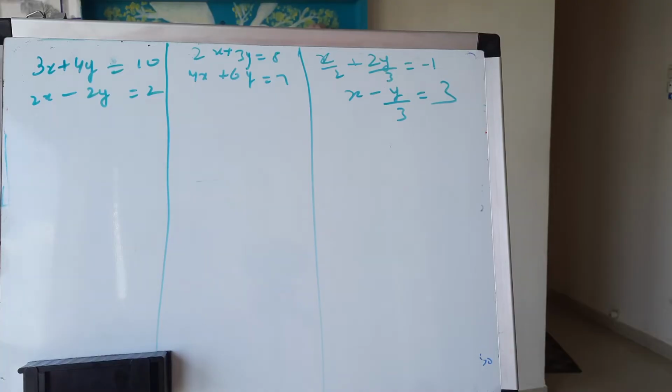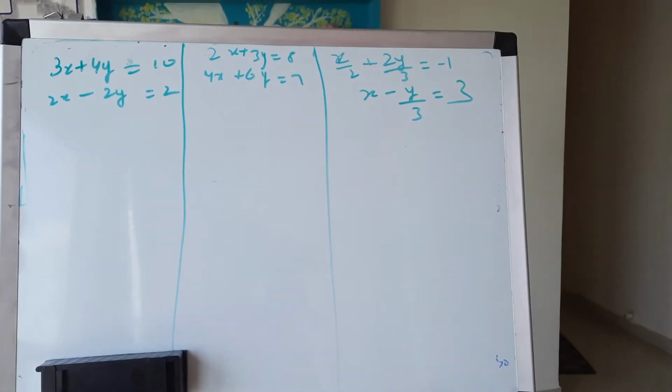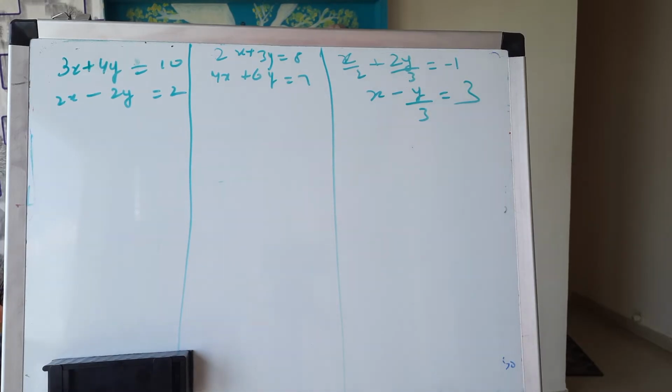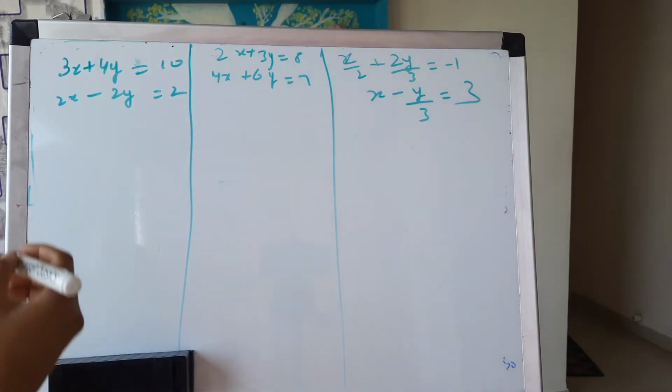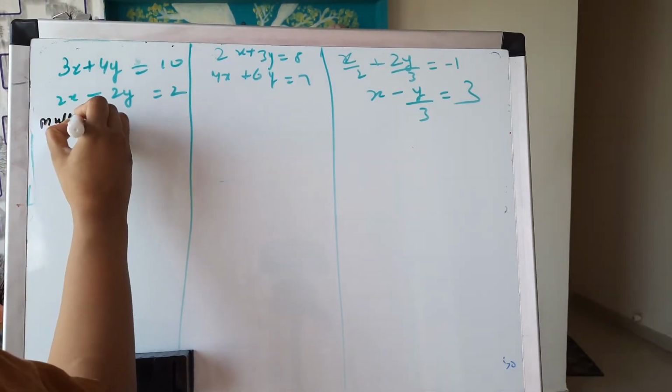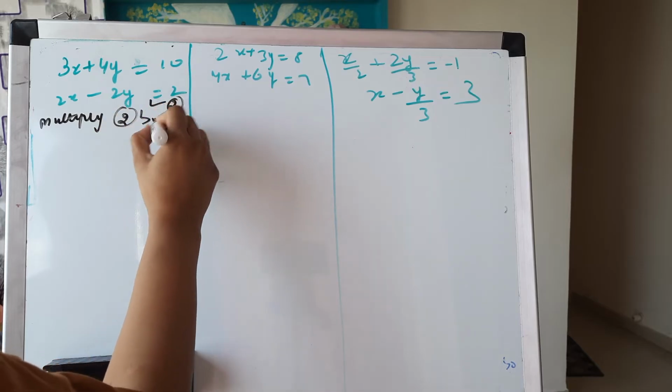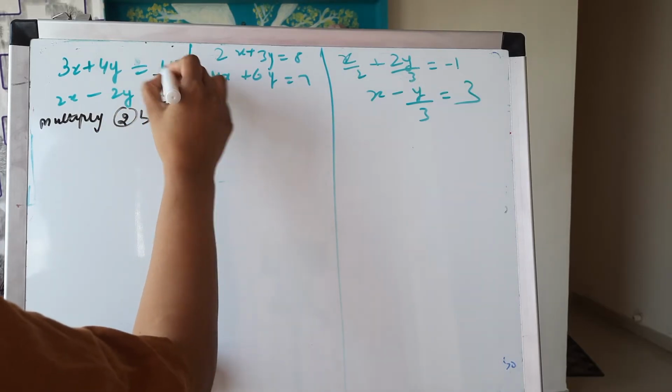Okay, so let's move on to some questions to solve these equations by the elimination method. In the elimination method, step 1 is that we have to express any of the coefficients in the form of the other, so basically make the coefficient same. So I'll multiply this by 2, and this is 1, and add.